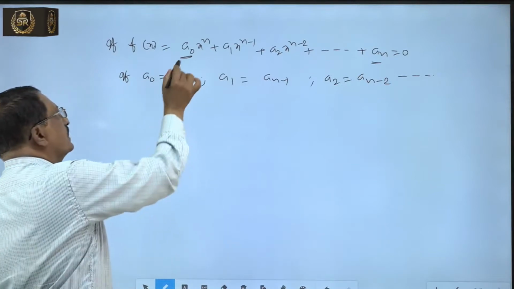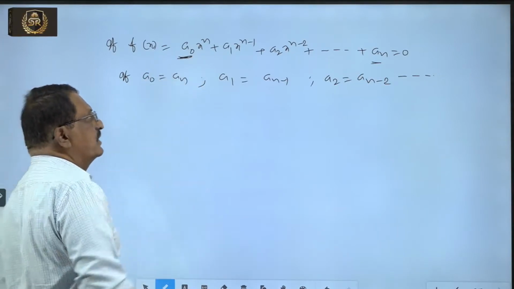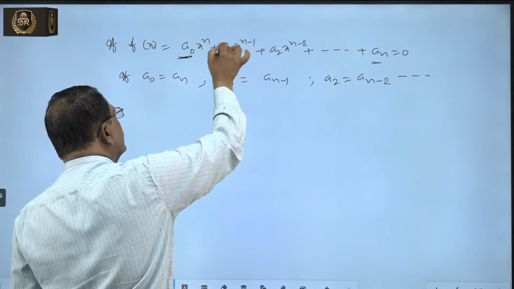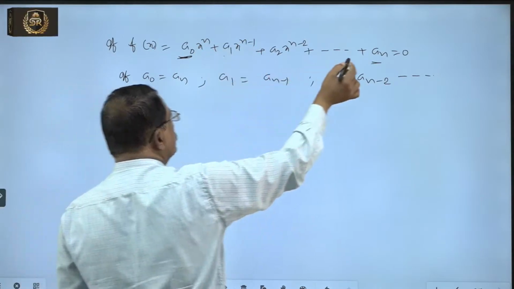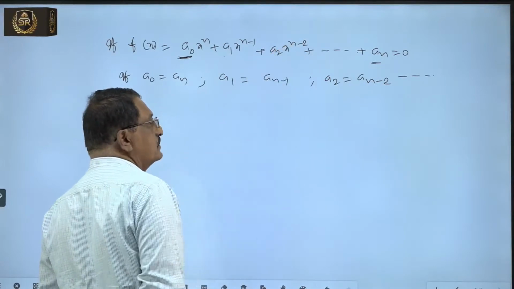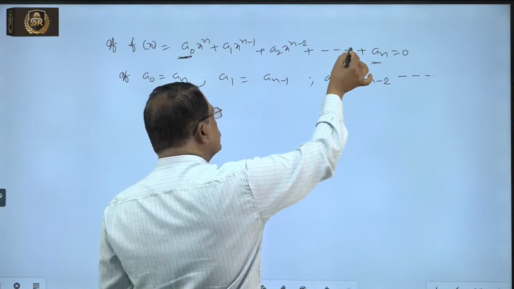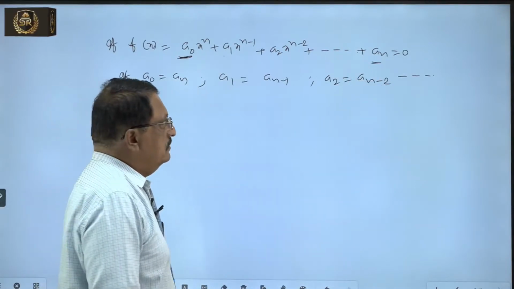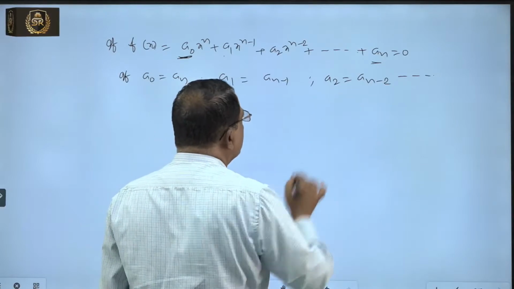Here the coefficient of x power n equals the constant term, the coefficient of x to the power of n minus 1, or a1, equals the coefficient of x, the coefficient of x to the power of n minus 2, or a2, equals the coefficient of x square, and so on.